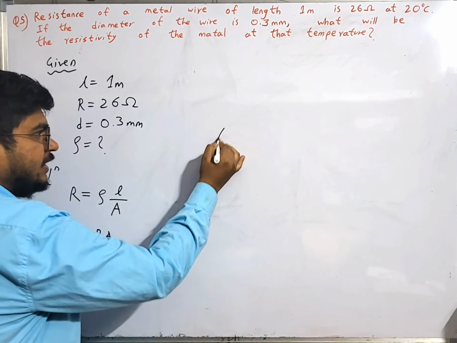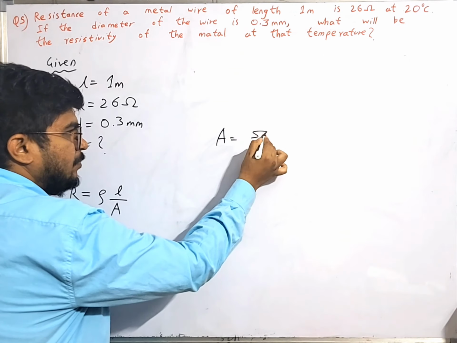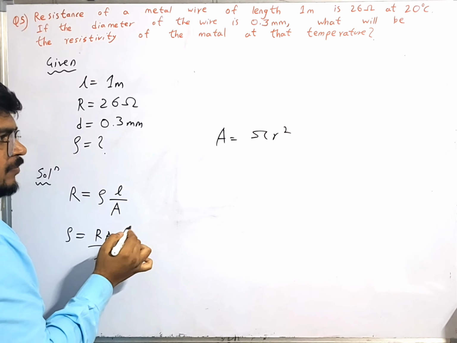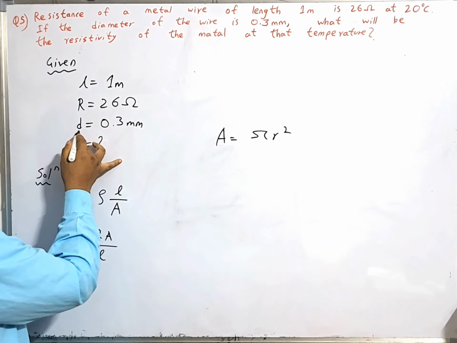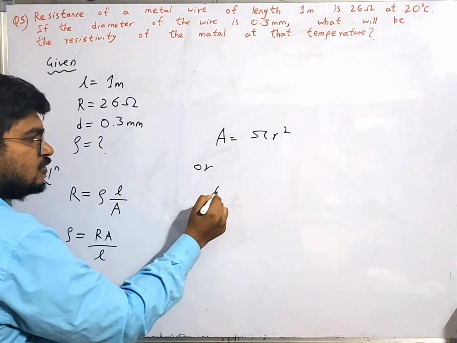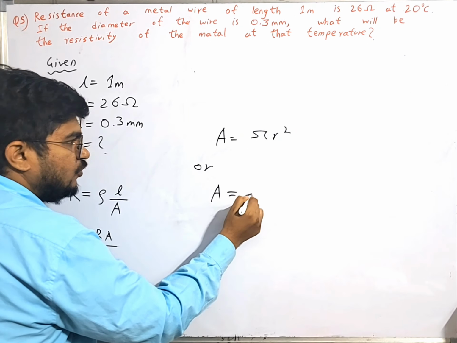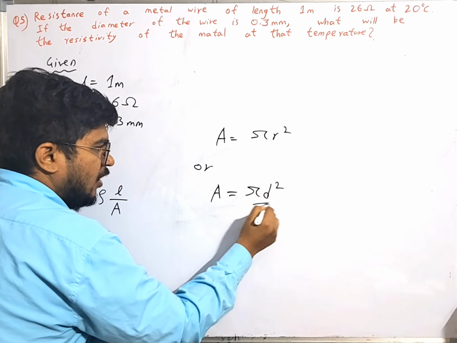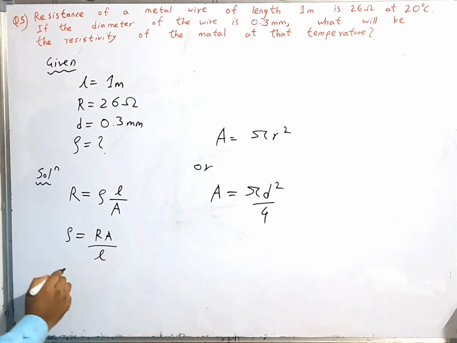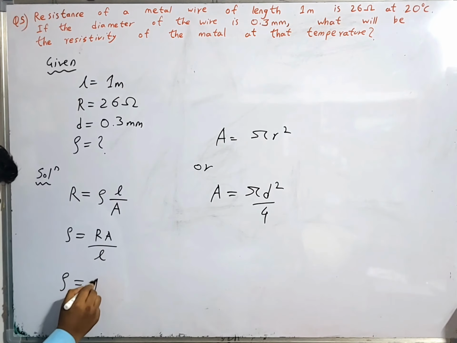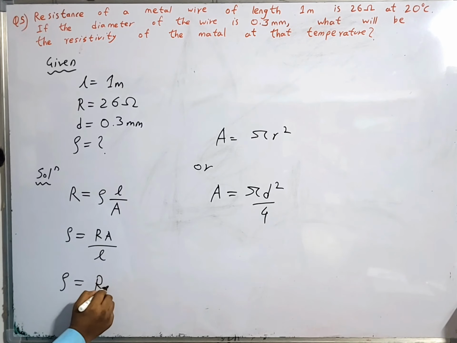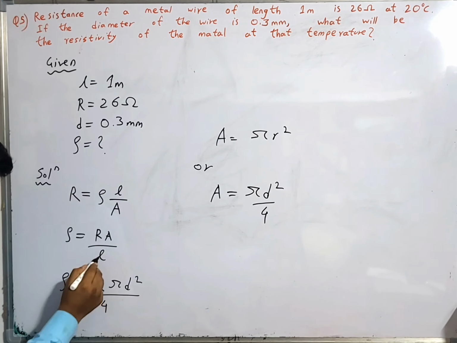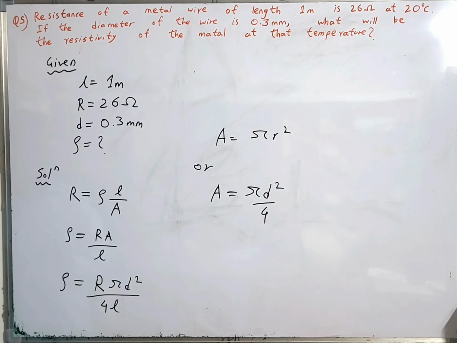The formula of area of cross section is pi r square, but here radius is not given, diameter is given. So we are going to use the formula A is equal to pi d square upon 4. So we are going to convert this formula as R pi d square upon 4 and this L as it is.